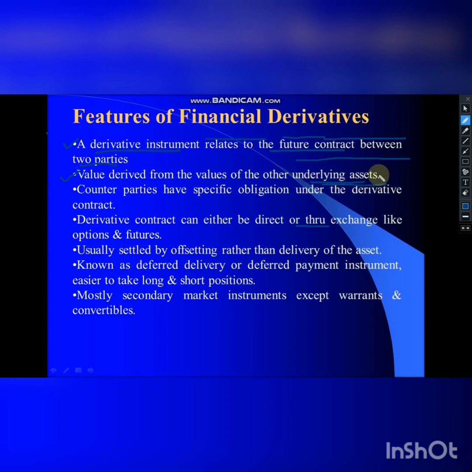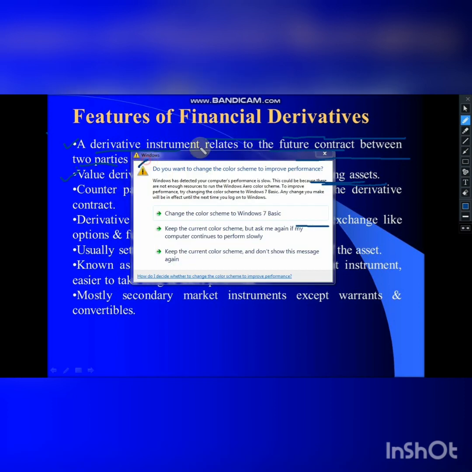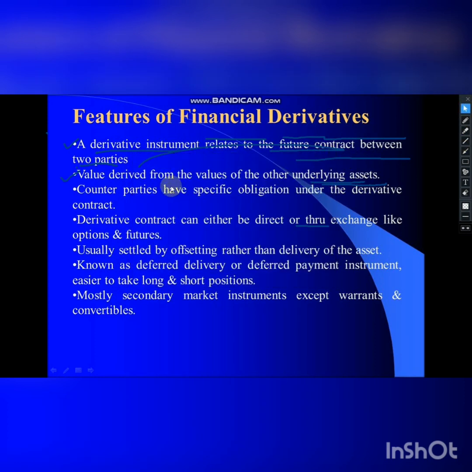Suppose the value of wheat increases, then definitely the value of the derivative increases. So the value of the derivative completely depends on the underlying asset.